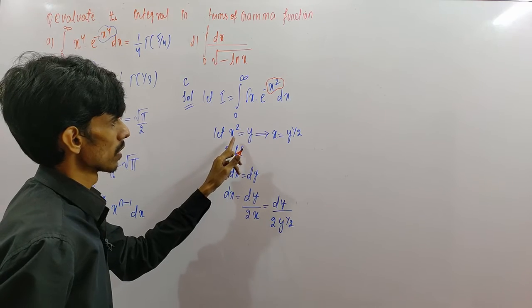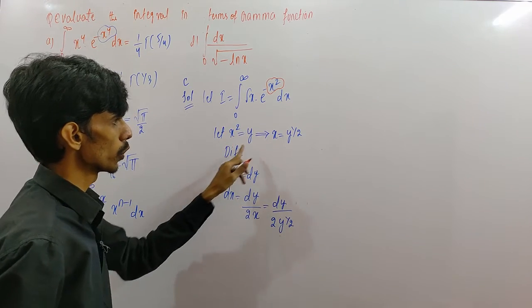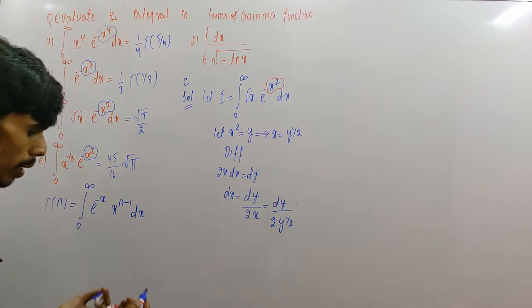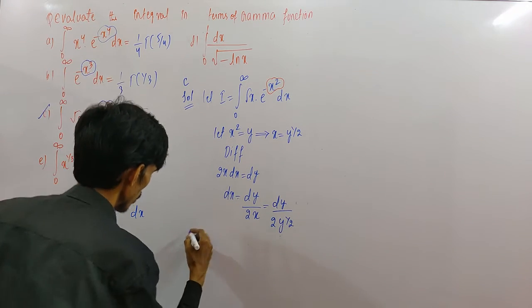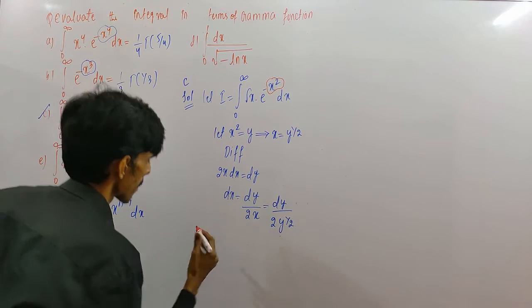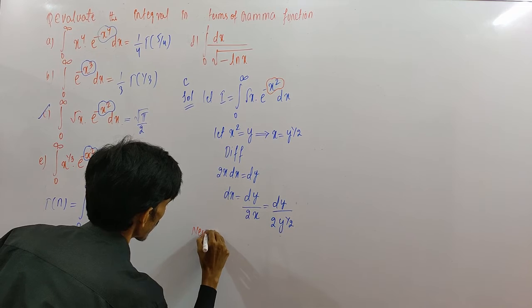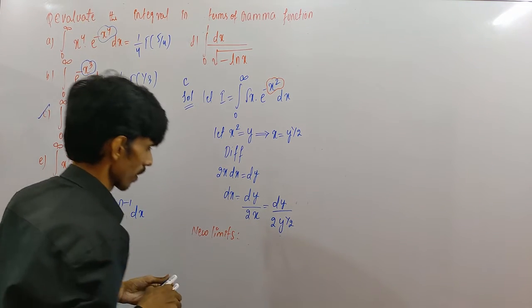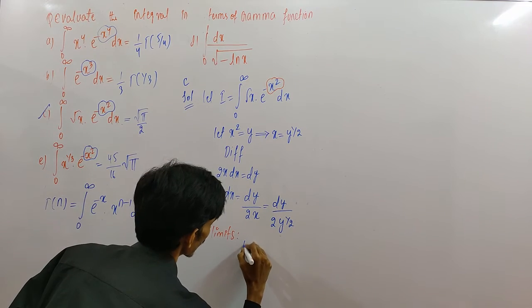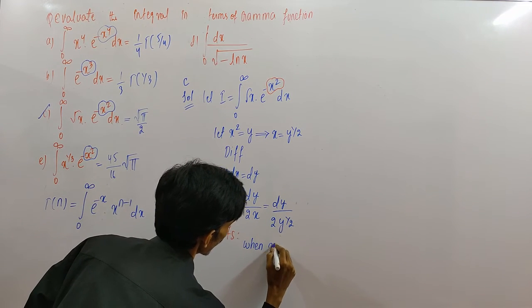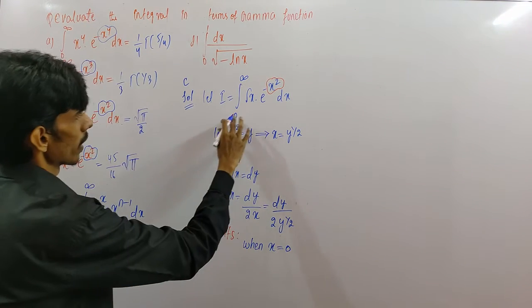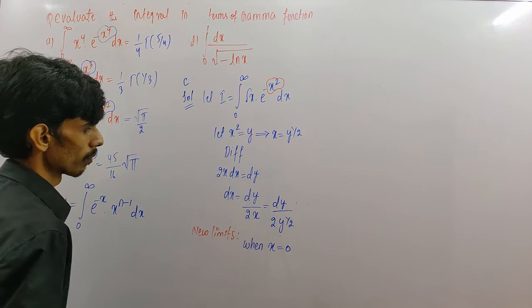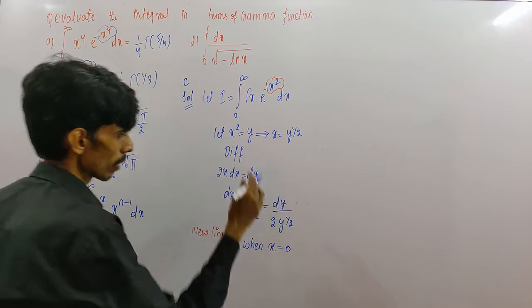Since x square is y, new limits are required for the dummy variable y. So new limits: when the lower limit x is 0, substituting 0 here, y will become 0.